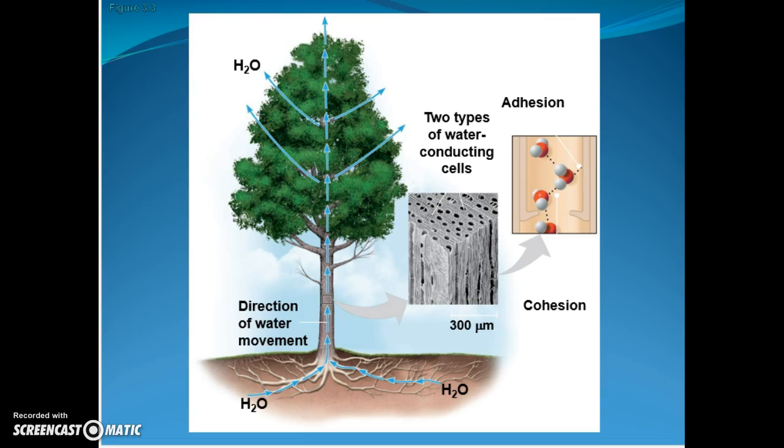So we'll look at this next animation to see exactly how these two emergent properties of water actually allow life on Earth to exist, from the start of energy conversion in photosynthesis among autotrophs or producers.